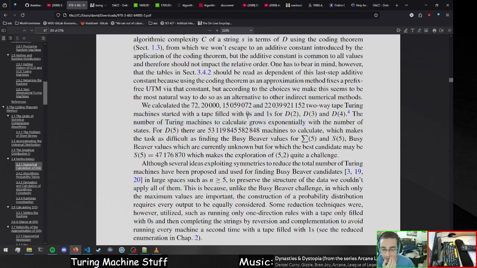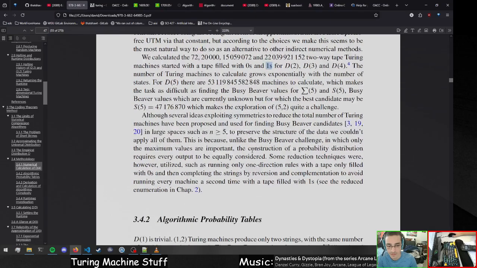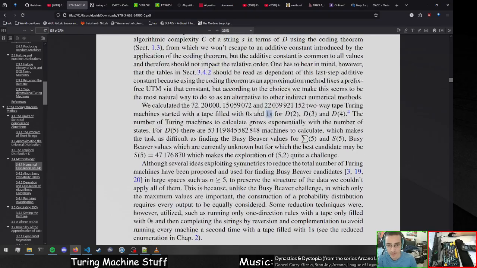That's just weird, because why would you fill it with ones? Because that doesn't work anymore for me. I don't know how they determine if it halts by using all ones. I'm guessing they found a way to do that, which is pretty cool, actually.